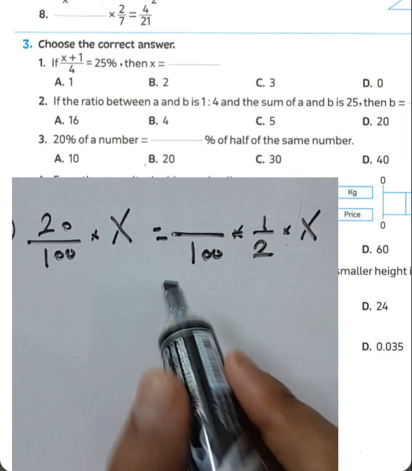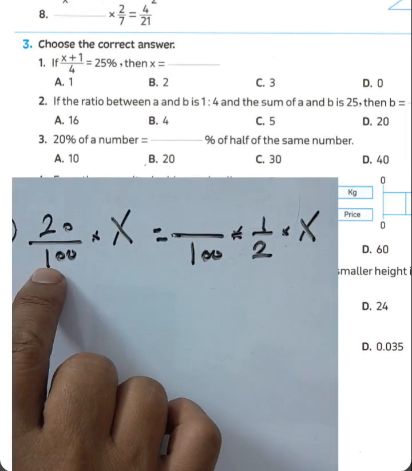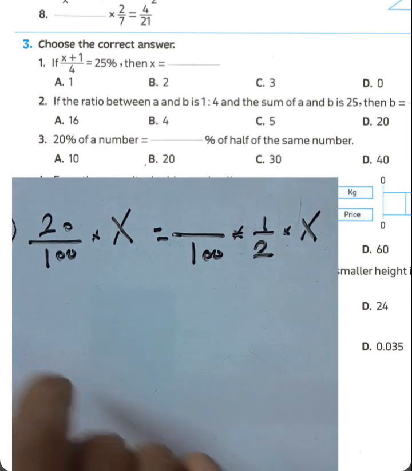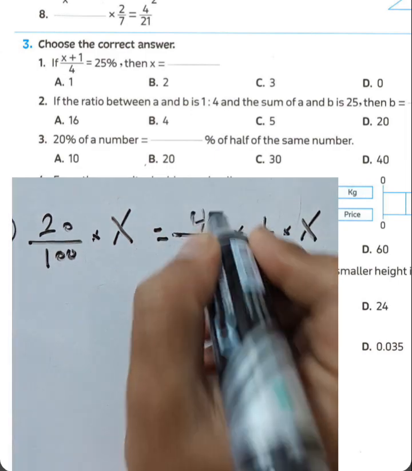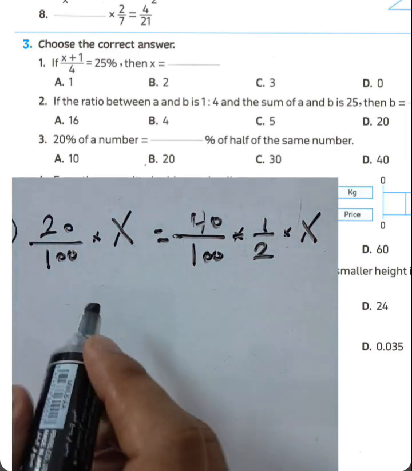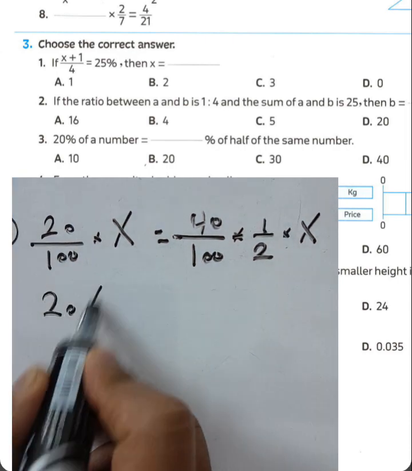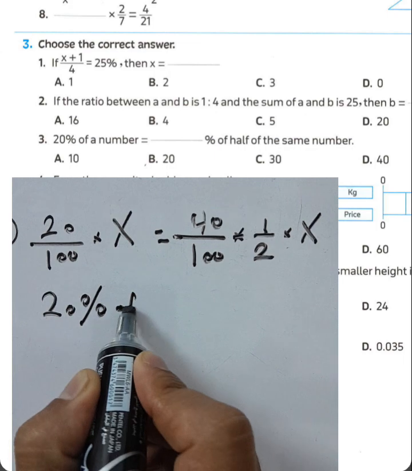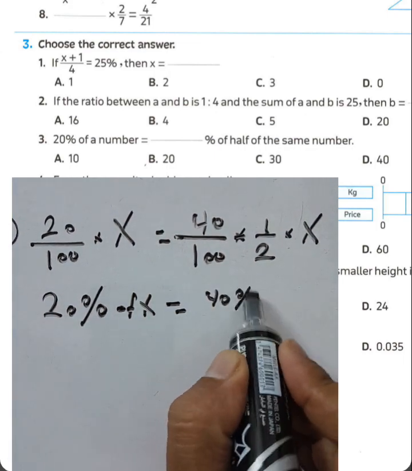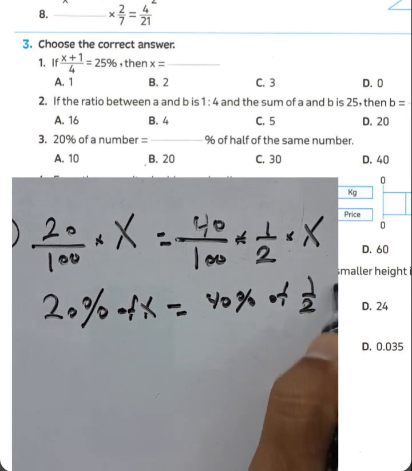We know 100 is equivalent to 100. What is the number divided by 2 that equals 20? We can write here 40. 40 divided by 2 equals 20. Then 20% of the number x equals 40% of half of the number x.